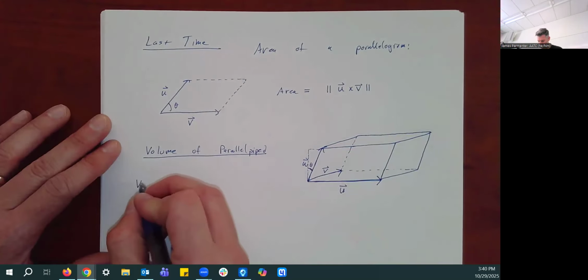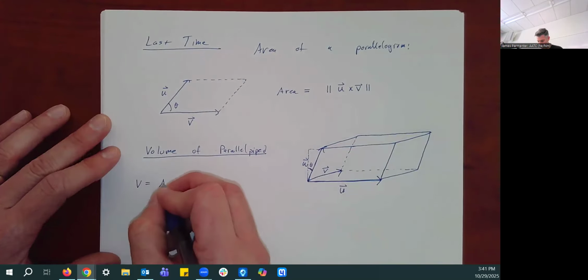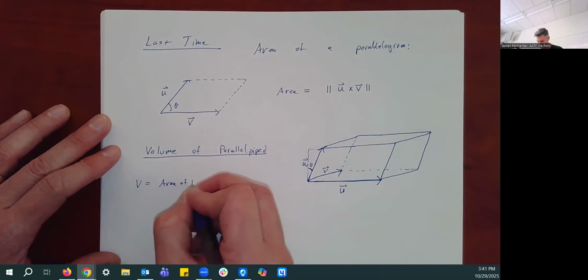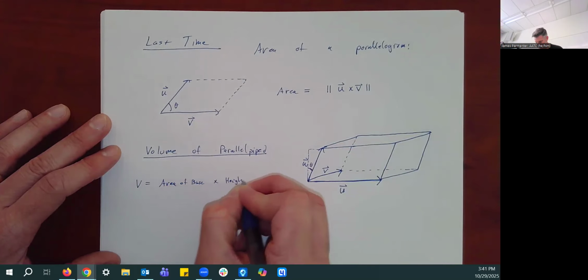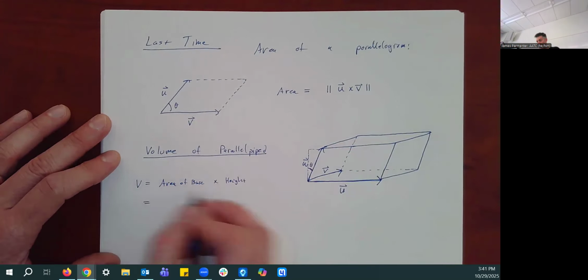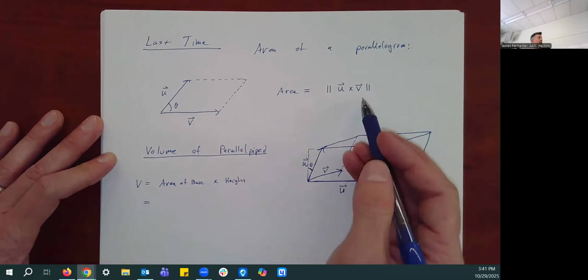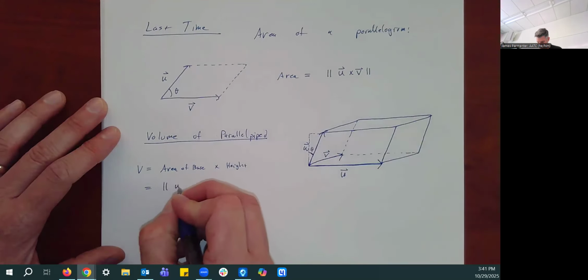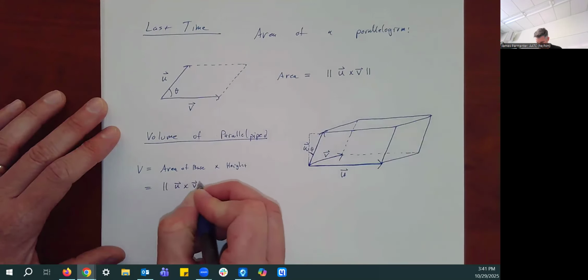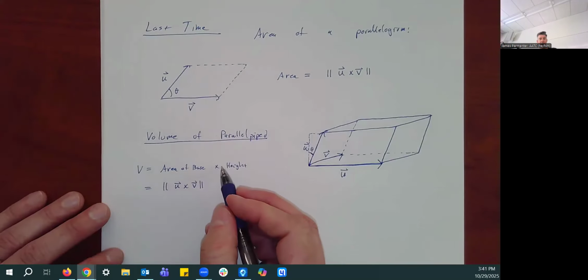The volume is going to equal the area of the base times the height. Okay, we know the area of the base already. It's the magnitude of the cross product of u and v. So it's the magnitude of u cross v multiplied by the height.